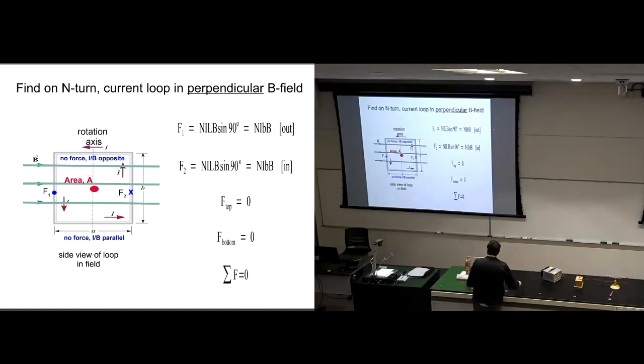So actually, the end of this story is that a loop of wire in this uniform magnetic field experiences no net force. Parts of it experience a force, but overall it experiences no force.